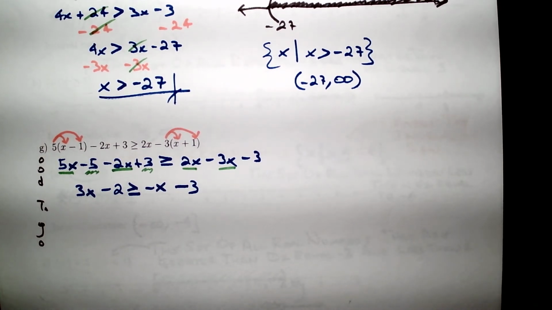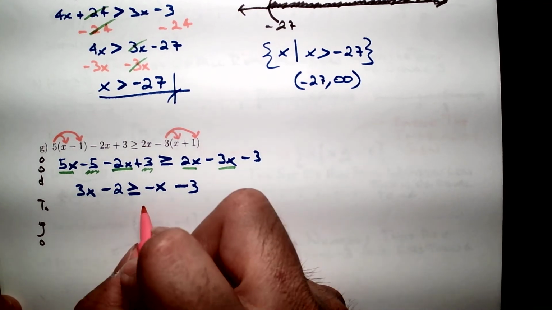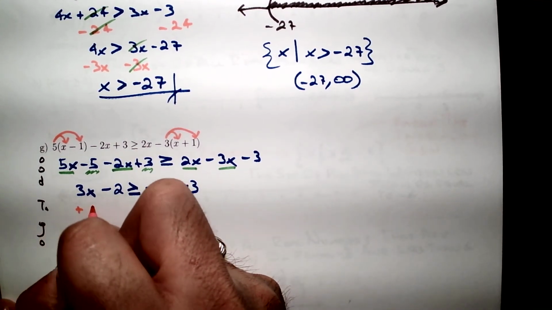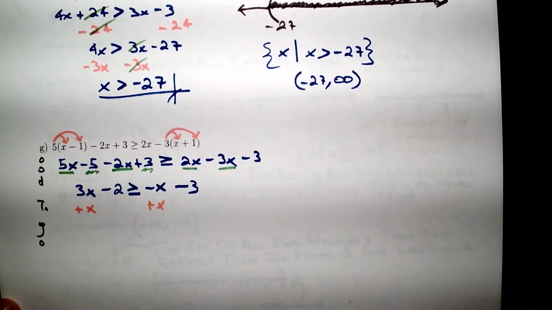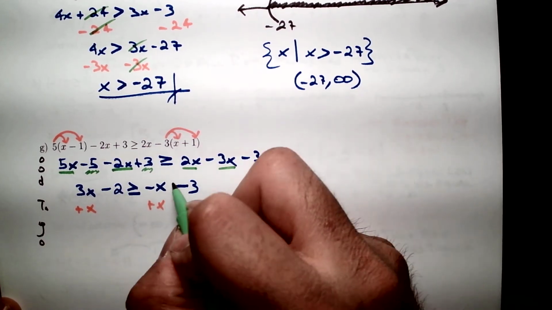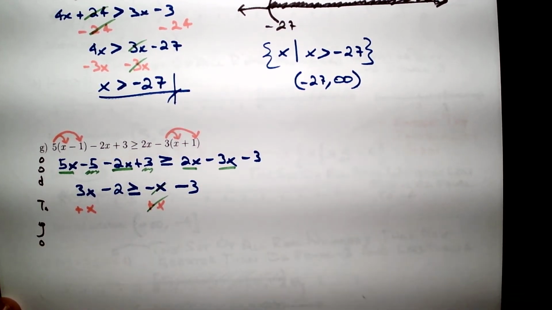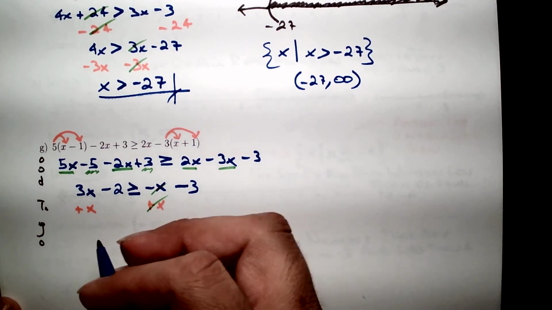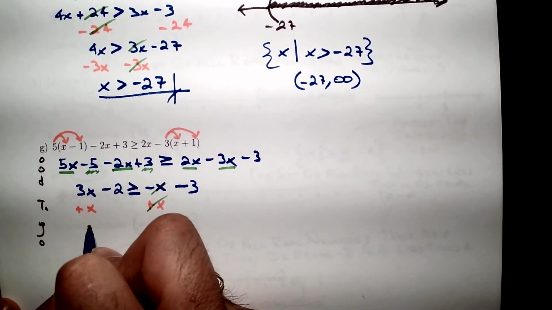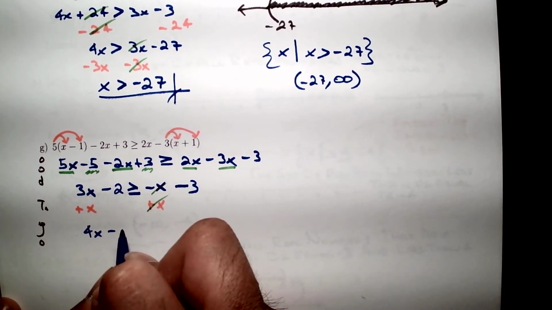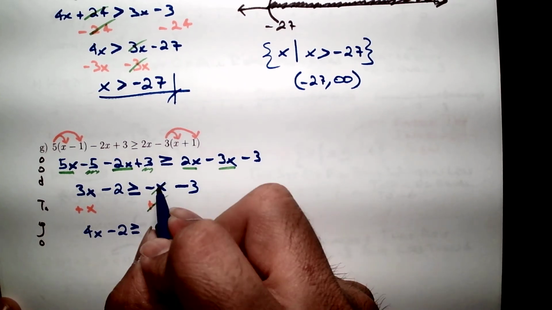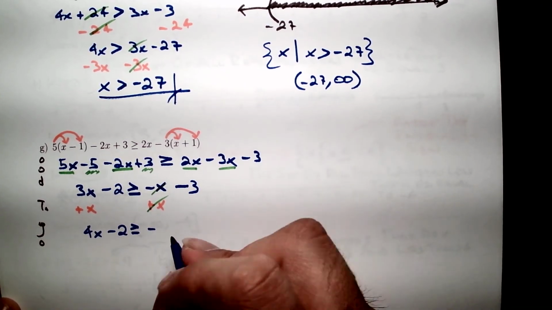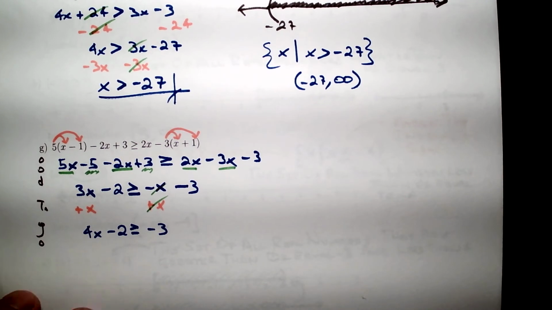From here, the last step right here is to just move terms around by adding x to both sides. Cancel, cancel. And 3x plus x, that's 4x, minus 2, greater than or equal to negative 3.